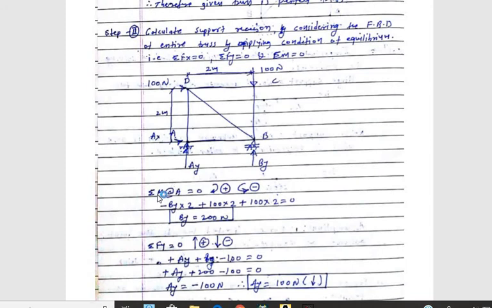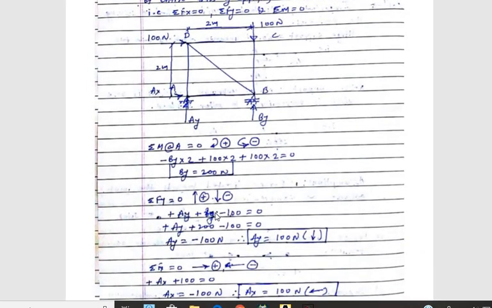I am taking moment at A is equal to 0, clockwise moment positive, anti-clockwise negative. So minus By into 2, this is By, it is going anti-clockwise to this point, so minus By into 2 plus 100 into 2 plus 100 into 2, therefore By is equal to 200 Newton.